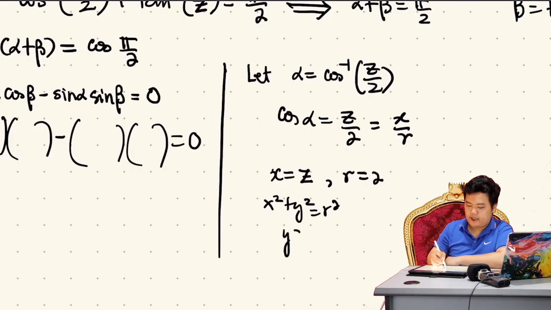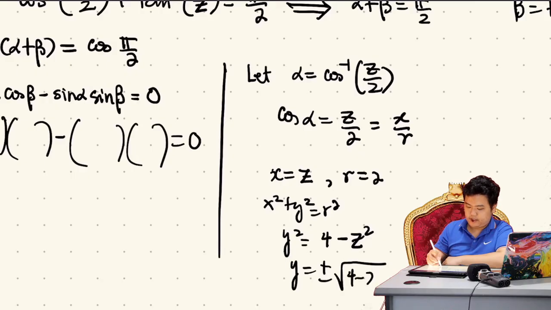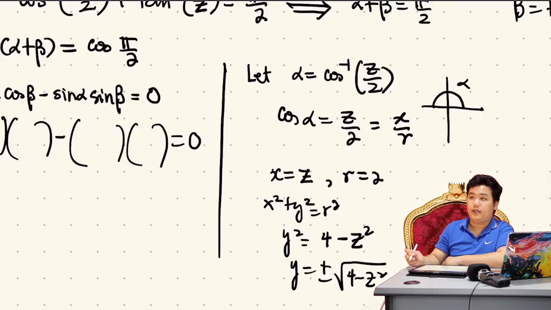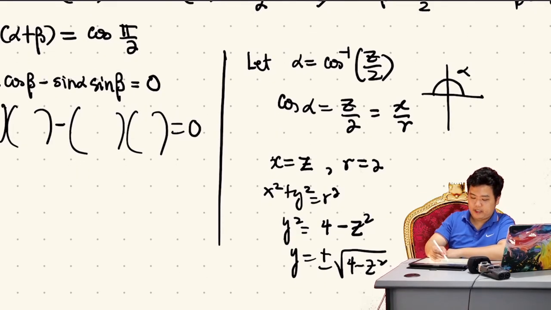So, y square is, ang r square natin is 4 minus x square, which is z square. So, y is plus minus square root of 4 minus z square. Ang tanong, positive or negative? Nasaan ba si alpha? Alpha is cosine inverse. Cosine inverse nasa quadrant 1 or 2 lang. So, meaning, ang y mo is positive.